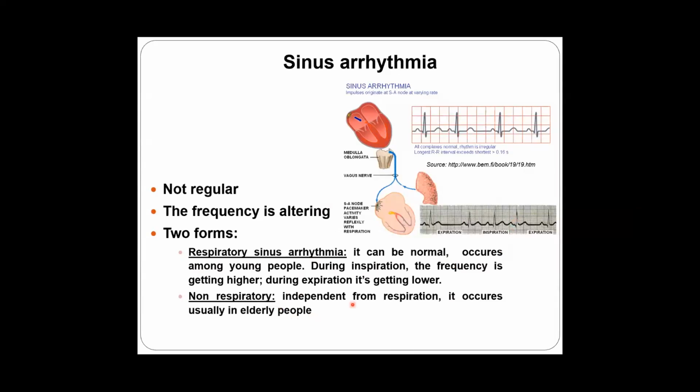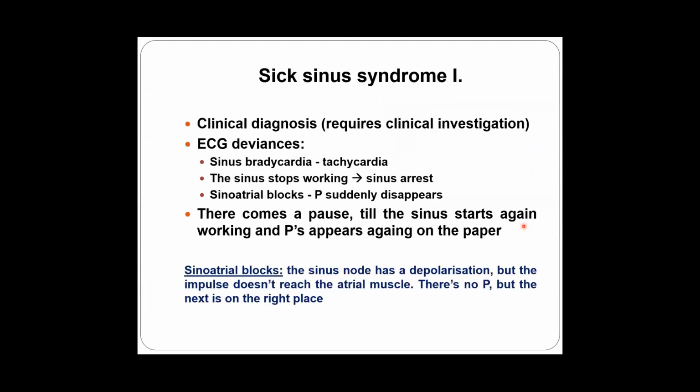Another form can be non-respiratory, when it doesn't depend on the respiration. For example, in the elderly it can occur that it doesn't come regularly and this speeding up and slowing down doesn't depend on the respiratory rate. Now, another very important one, the sick sinus syndrome. Sick sinus syndrome means that the ECG basically shows bradycardic and tachycardic periods alternating.